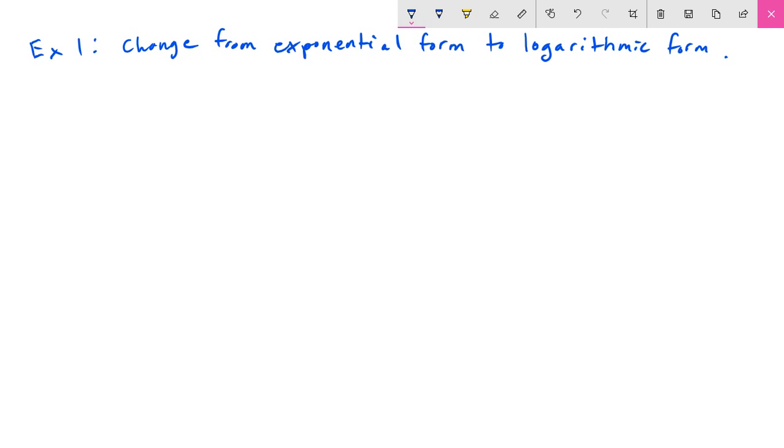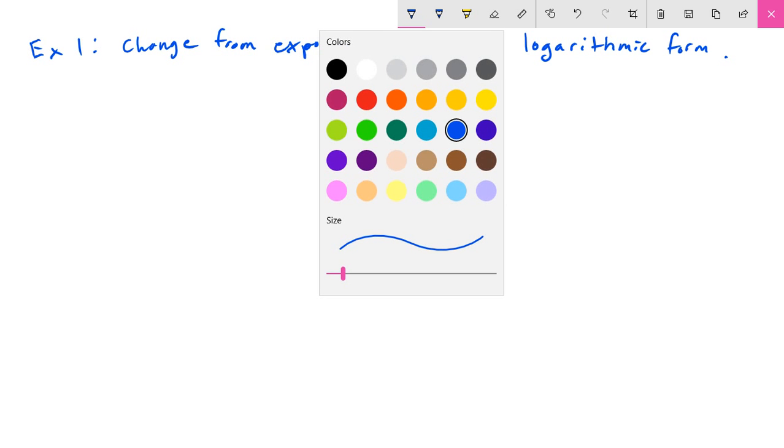All right, so the first examples we're going to do is change from exponential form to logarithmic form. Exponential form is where there's an exponent, obviously. That's why it's called exponential.